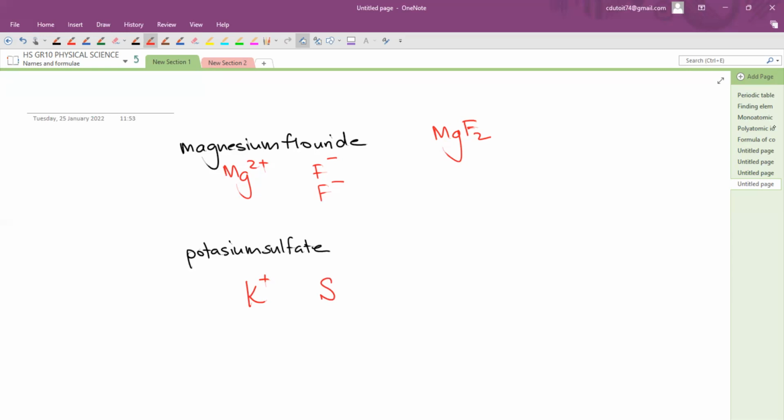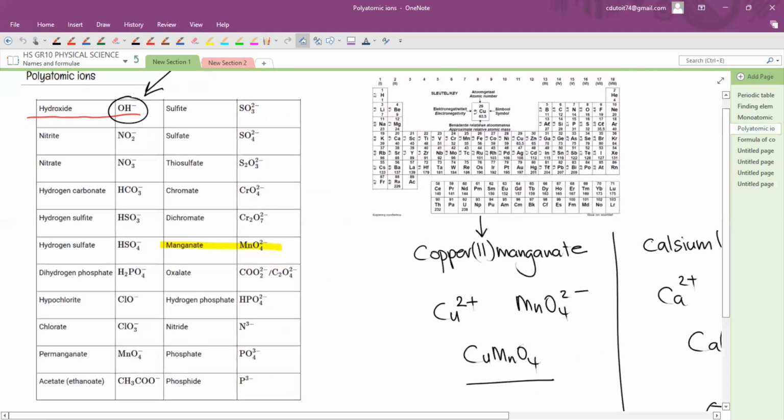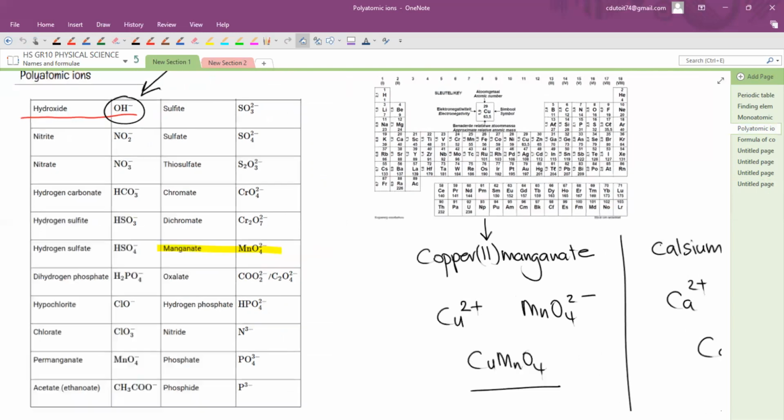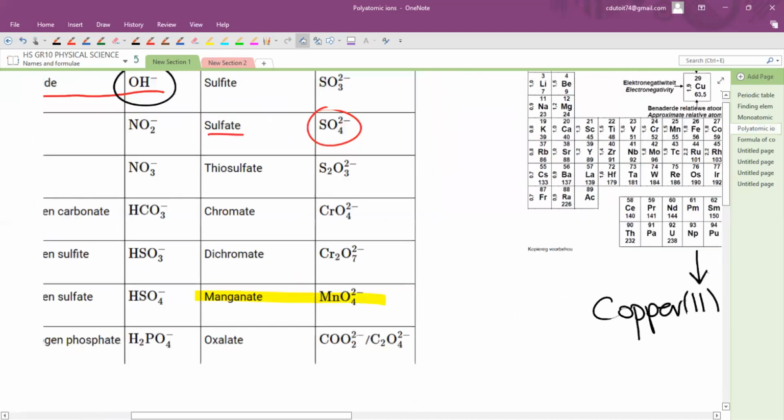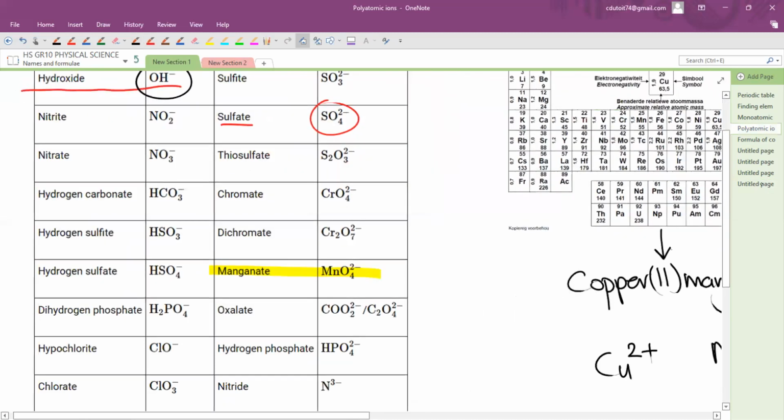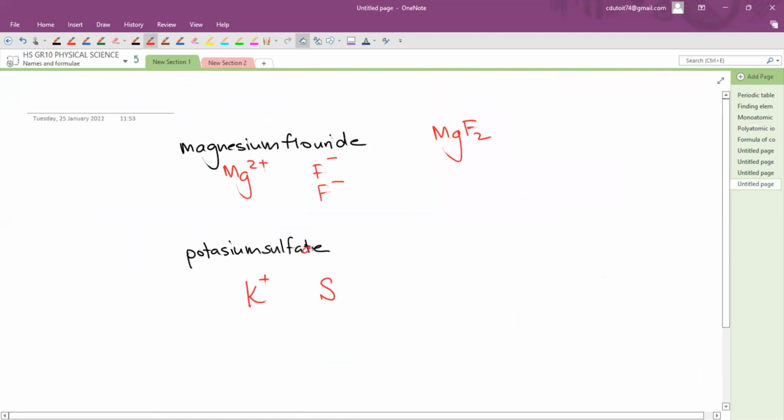Just look here quickly. Oh, sorry, I've got the wrong word there. It's sulfide. Sorry, I wrote sulfate. That's wrong. There's SO4. Sorry, that's a mistake. My mistake. So it's sulfide.